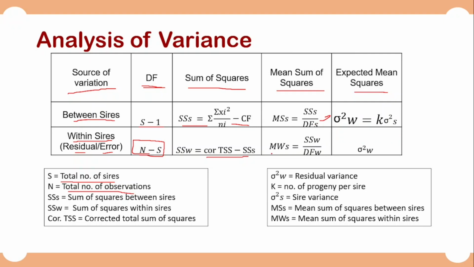And to calculate mean sum of squares within sires, the formula is sum of squares within sires divided by degrees of freedom within sires. Okay, and this last column is the expected mean squares. This formula will be used to calculate the heritability in this method.